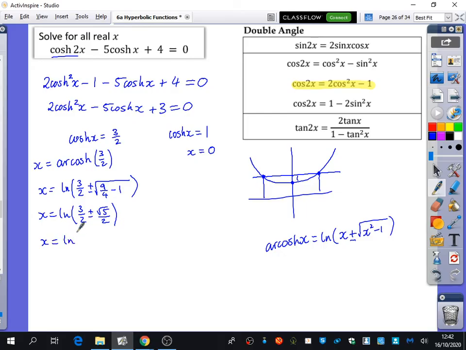So that's the ln of (3 plus root 5) over 2, or the ln of (3 minus root 5) over 2. So those are the two solutions.